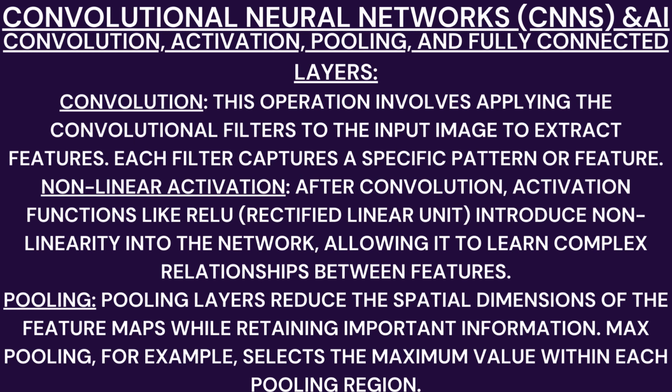After convolution, activation functions like ReLU, rectified linear unit, introduce non-linearity into the network, allowing it to learn complex relationships between features. Pooling. Pooling layers reduce the spatial dimensions of the feature maps while retaining important information. Max pooling, for example, selects the maximum value within each pooling region.